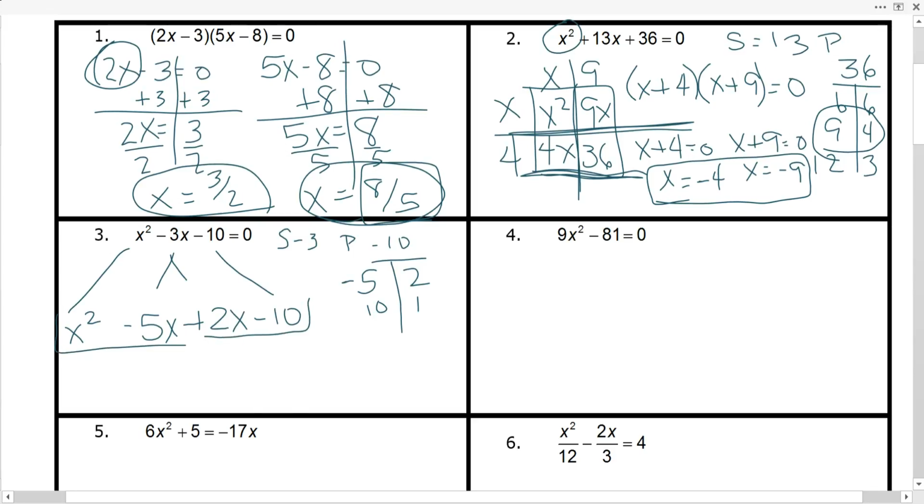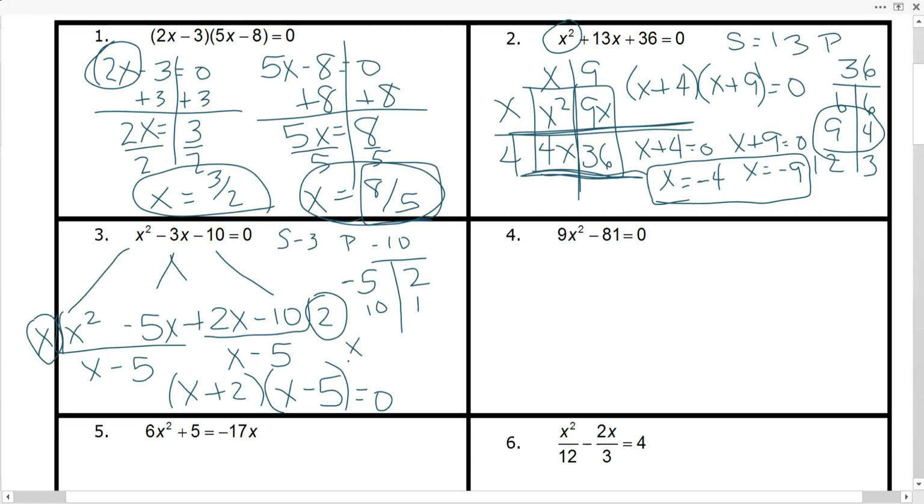I'm going to take the greatest common factor of 2x plus 10, which is 2, and I end up with x minus 5. And on my left-hand side, my greatest common factor is x. I also end up with x minus 5. So one of my factors is x plus 2. The other one is x minus 5 equals 0.